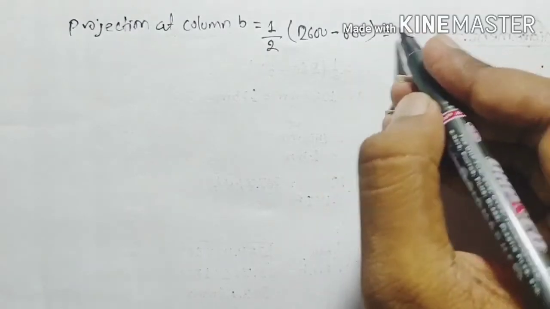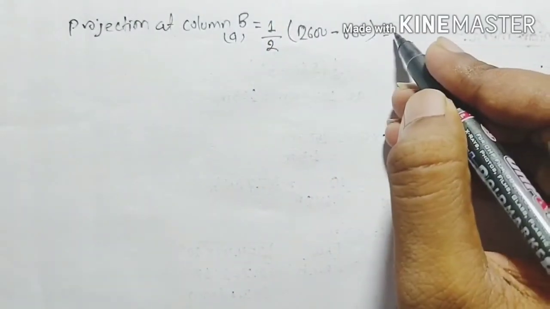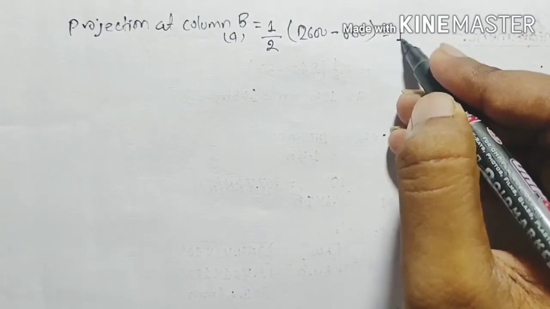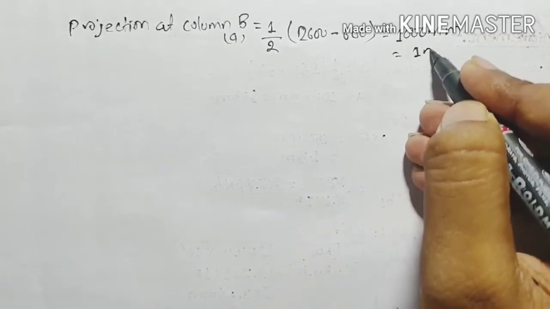So we get the projection A at column B equals 1000 millimeter, which equals 1 meter.